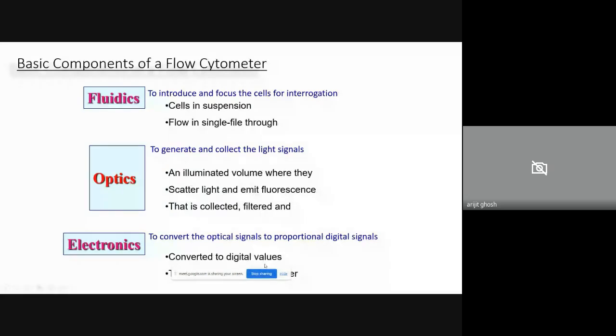So there are basically three components of a flow cytometer: fluidics, optics, and electronics. These are the main three bases of a flow cytometer.